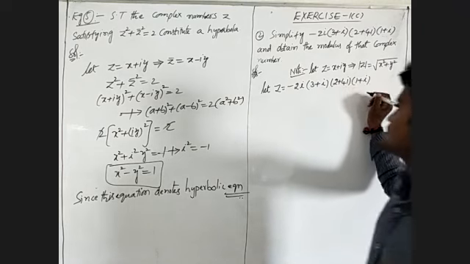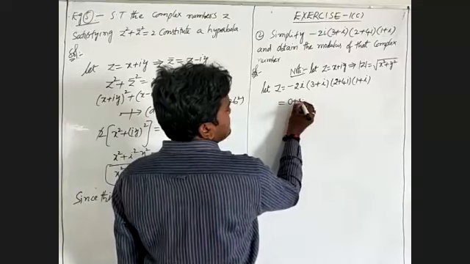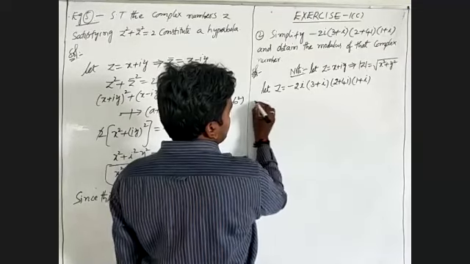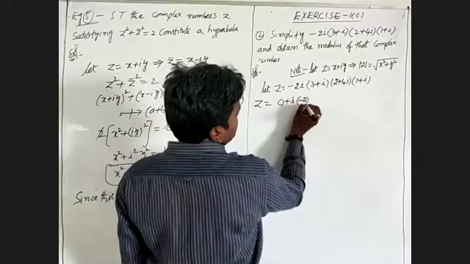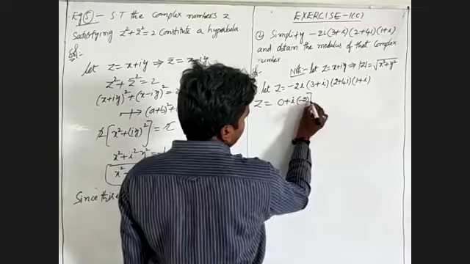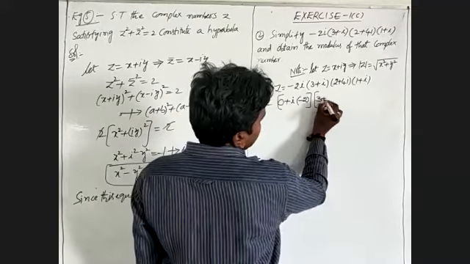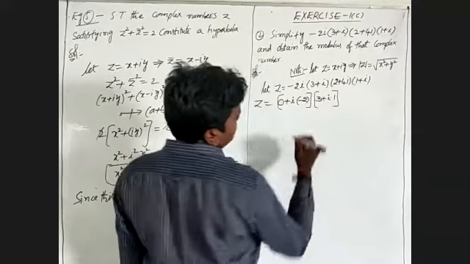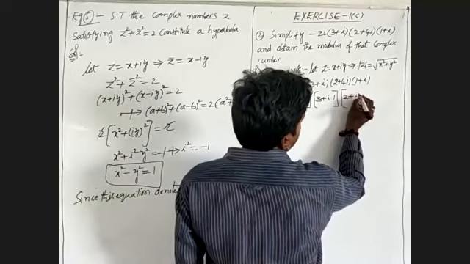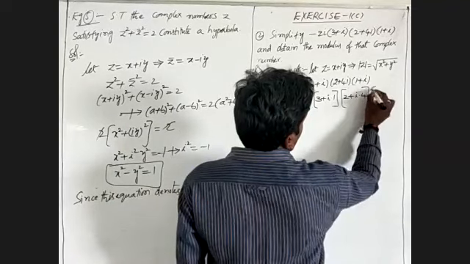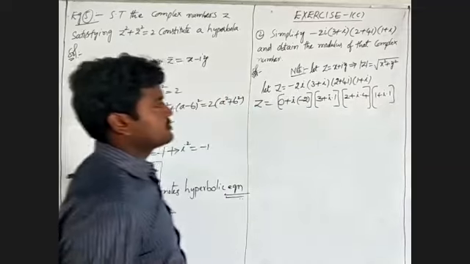Again, we have to write this as 0 plus i into minus 2, into 3 plus i into 1, after that 2 plus i into 4, finally the last one is 1 plus i into 1.